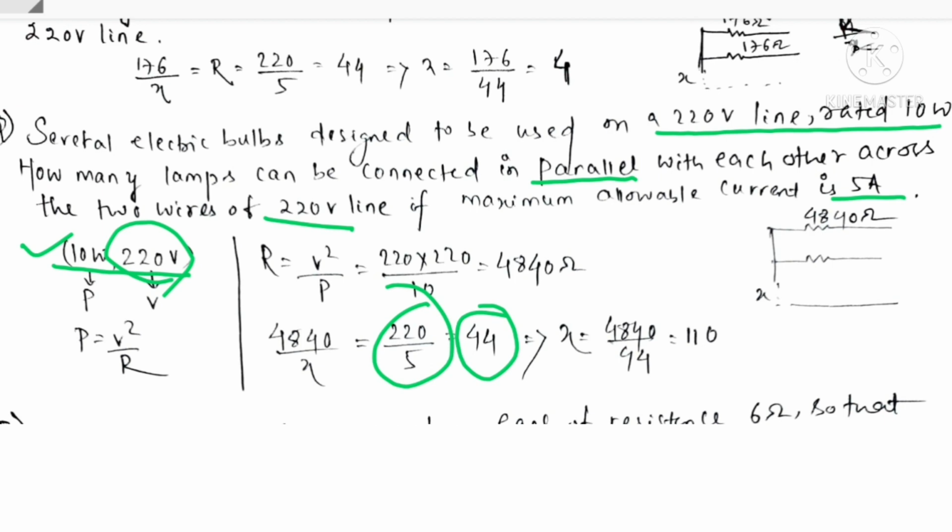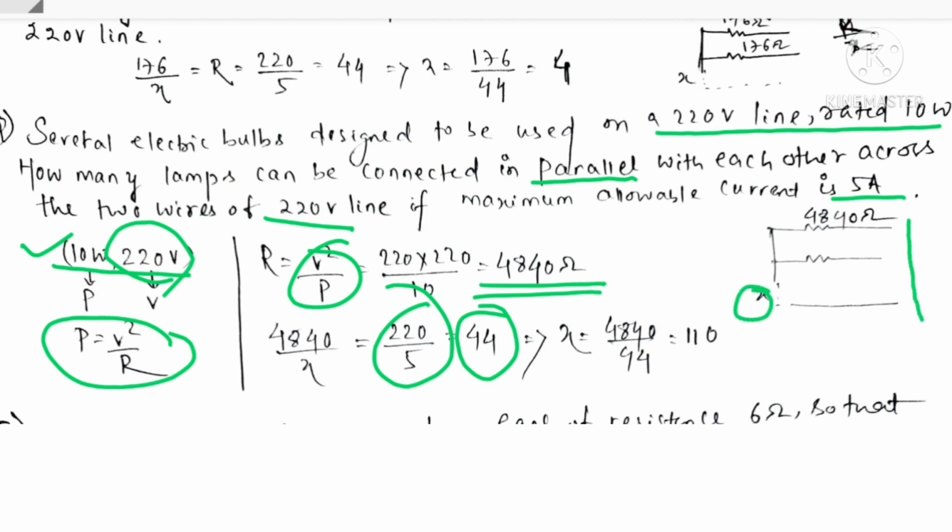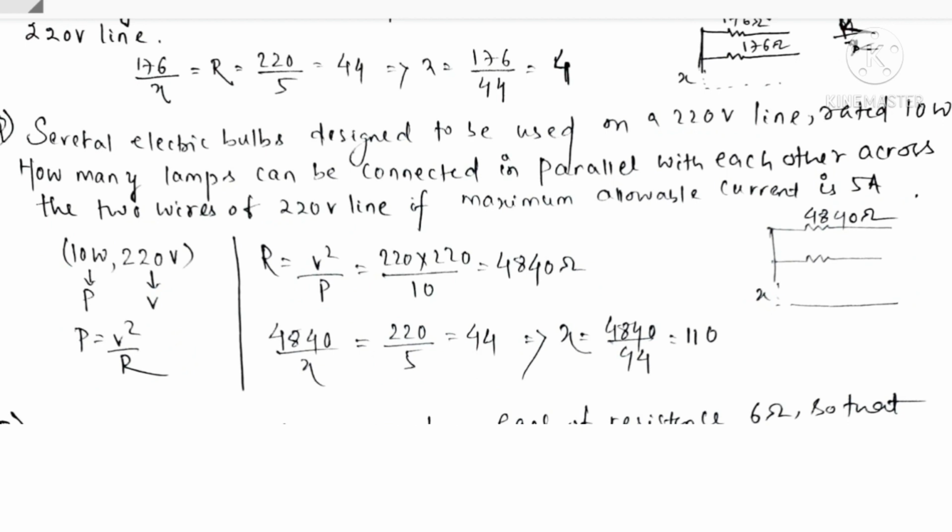From these two data we can find the resistance, because you know power is equal to V square by R, so R is equal to V square by P, so R will be 484. So 484 ohm resistors are connected in parallel. How many? Suppose X, so equivalent will be 484 by X, and that is equal to, we have already calculated, 44, so X is equal to 484 by 44, 11 resistors.